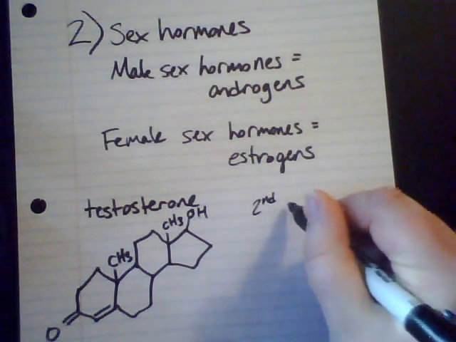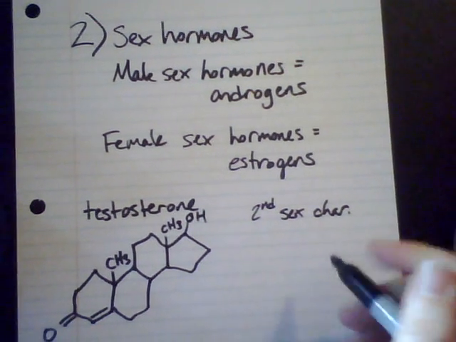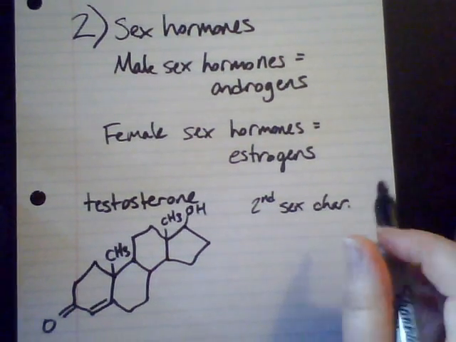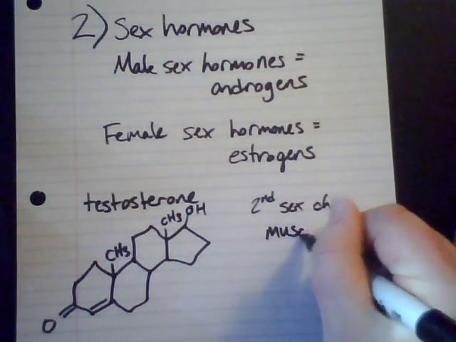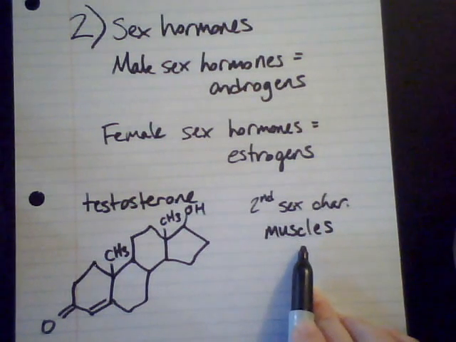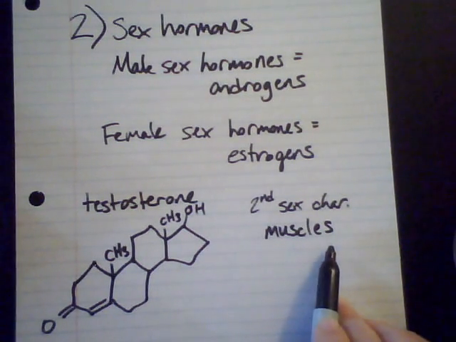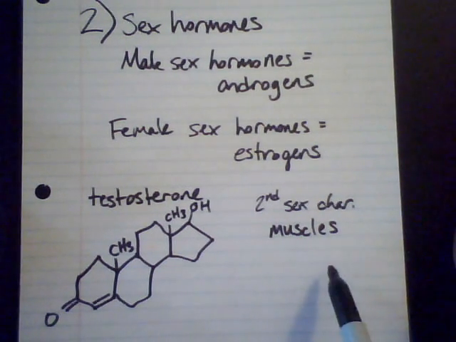So secondary sex characteristics for men, right? For males, secondary sex characteristics would be things like an increase in muscle density. Males can bulk up a little faster than females can, especially around puberty. So you find that developing males tend to get bigger faster, or lose weight a little bit faster, or be able to build muscle a little bit faster.